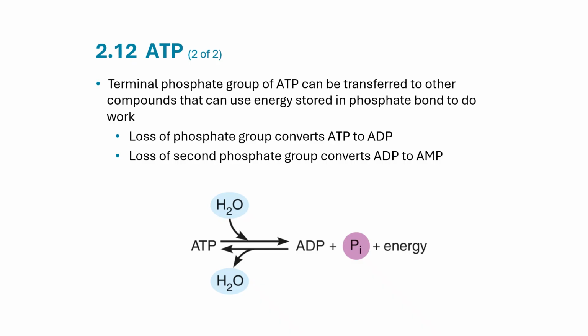That will leave you with adenosine diphosphate plus a phosphate group on its own, which will give off energy. So loss of a phosphate group converts ATP to ADP. Loss of a second phosphate group converts ADP to AMP.